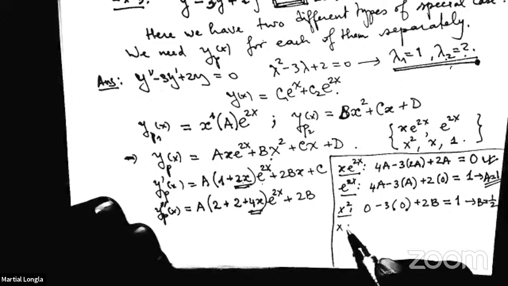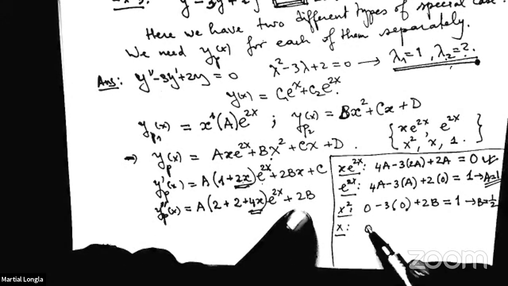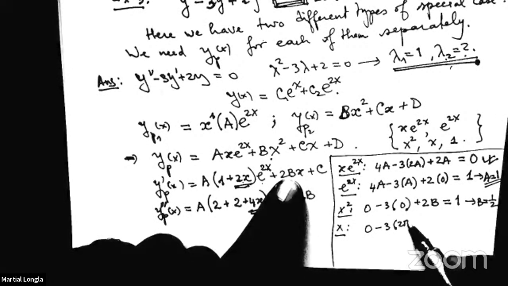Then you track the coefficients of x. Second derivative, none of it. Minus 3 times the first derivative, 2b.